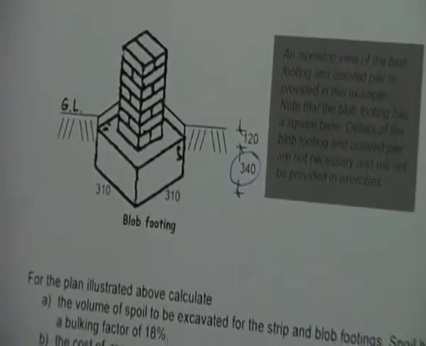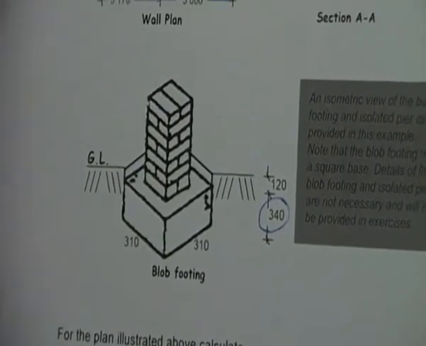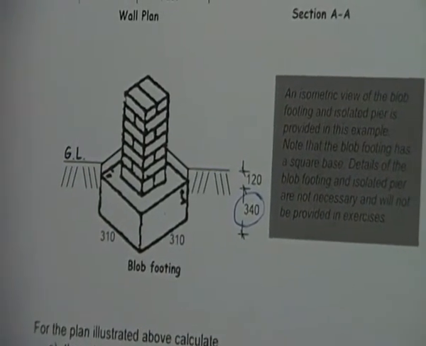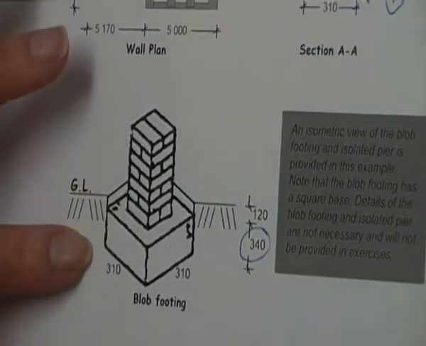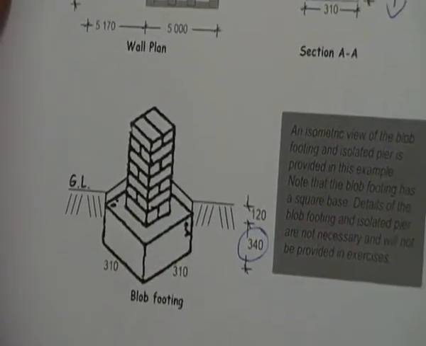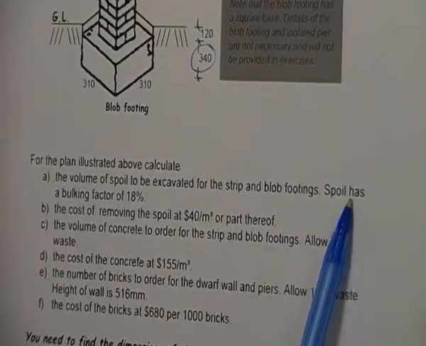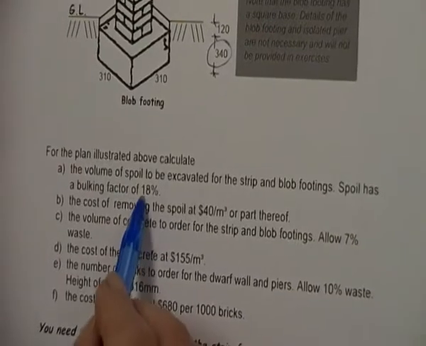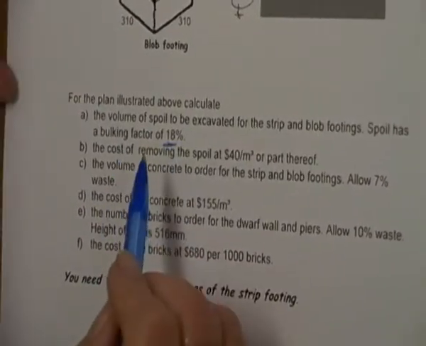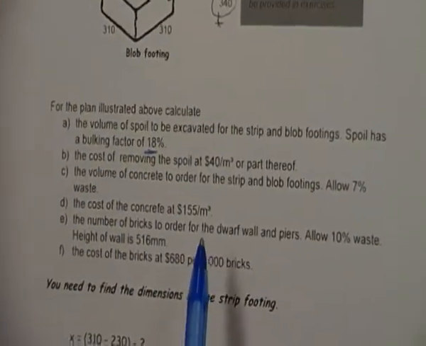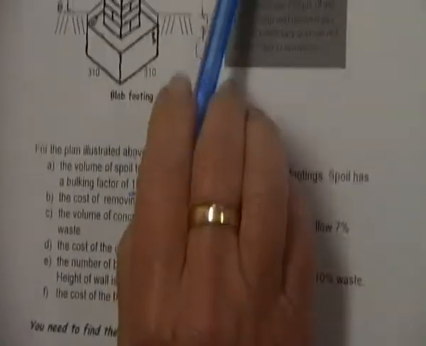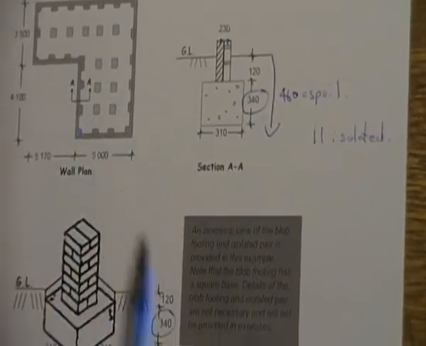So when I look at this example, it's combining everything we've done before and just adding the blobs. So it's going to ask us to get the volume of spoil to be excavated for the strip and blob footings. Spoil has a bulking factor of 18%. Now we have to do the X factor first because this is doing a strip footing off our brickwork plan.